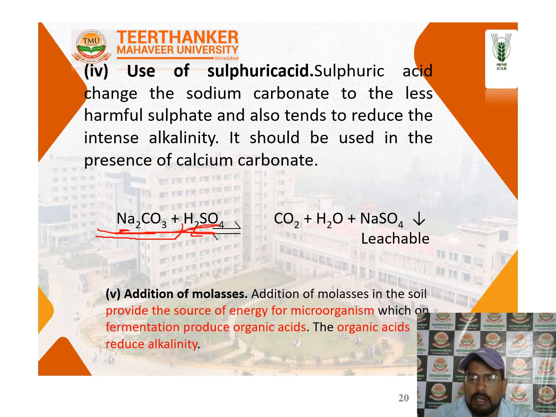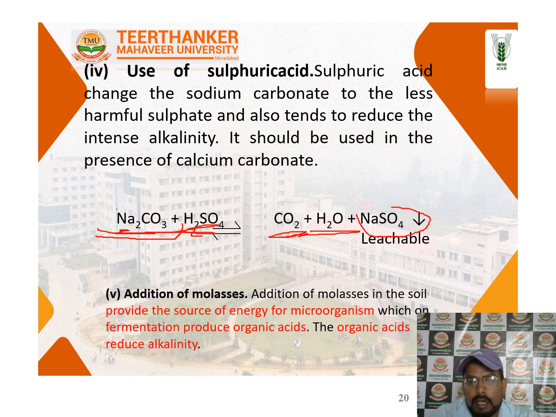Sulfuric acid, with the formula H2SO4, is highly concentrated when added to the soil. It reacts, releasing CO2 and H2O, and makes sodium sulfate. Sodium sulfate means replacement of the sodium.